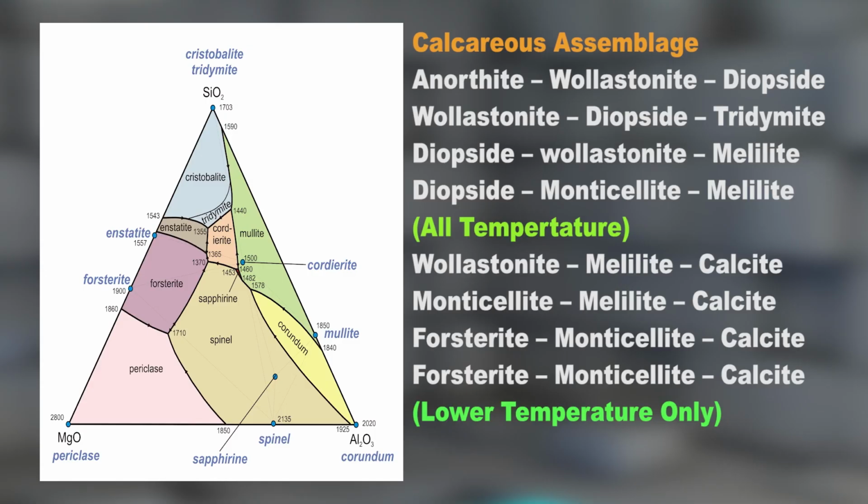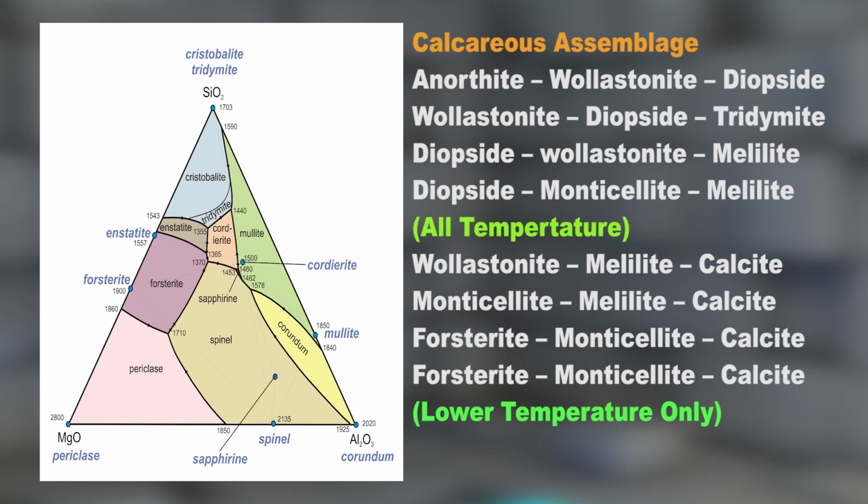Calcareous assemblages based on CaO, MgO and SiO2 diagrams: anorthite plus wollastonite plus diopside, wollastonite plus diopside plus tridymite, diopside plus wollastonite plus millilite, diopside, monticellite, millilite, at temperatures ranging from 550 to nearly 700 degrees centigrade. On the higher temperature side: wollastonite, millilite plus calcite, monticellite plus millilite plus calcite.